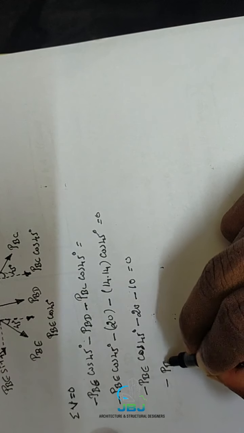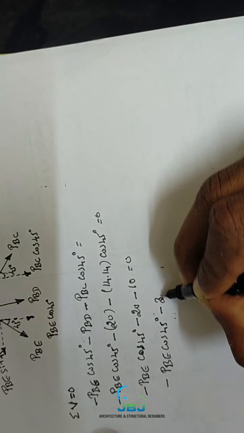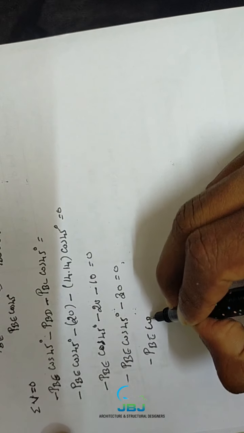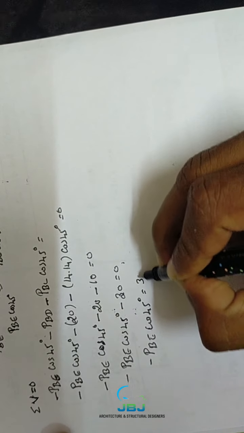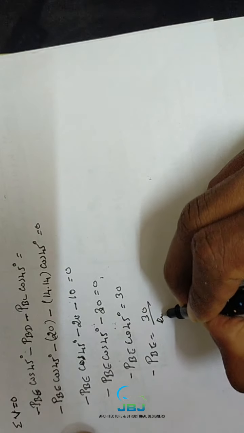So minus PBE cos 45 degrees minus 30 equal to 0. Minus PBE cos 45 degrees equal to 30. So minus PBE equal to 30 divided by cos 45 degrees.